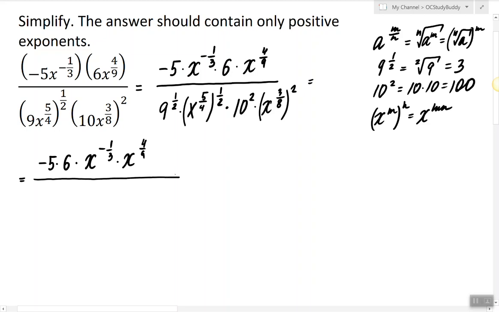And what I have in the denominator can be rewritten as the square root of 9, which is 3, 10 squared is 100, and x to the power 5/4 times 1/2. 5/4 times 1/2 is actually 5/8, times x to the power 3/8 times 2, but 3/8 times 2 is just 3/4.